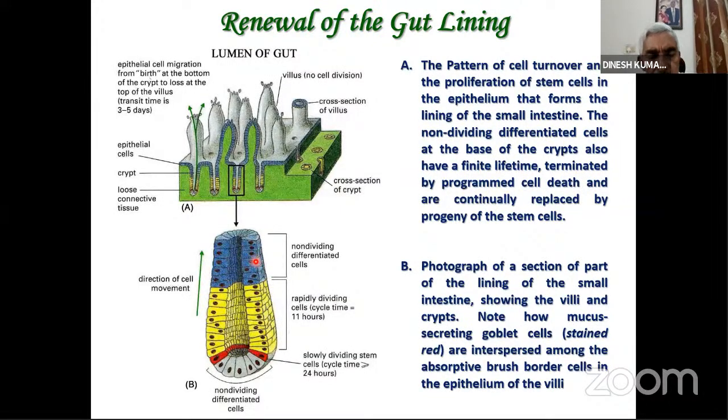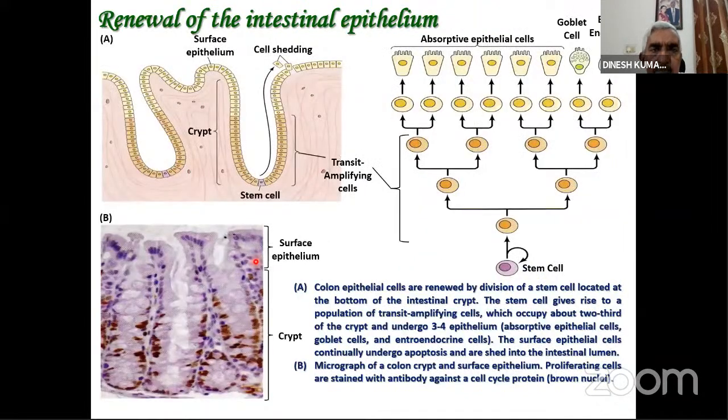Here you can see the epithelial cells are removed from the intestinal wall. When you are eating, the digestion process is going on, cells are shedding, and this is maintained by the stem cell. Here the stem cell divides to form a stem cell and differentiated cells.